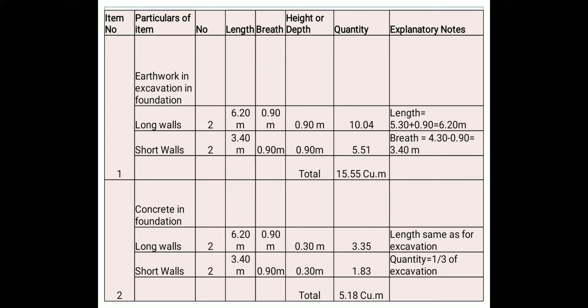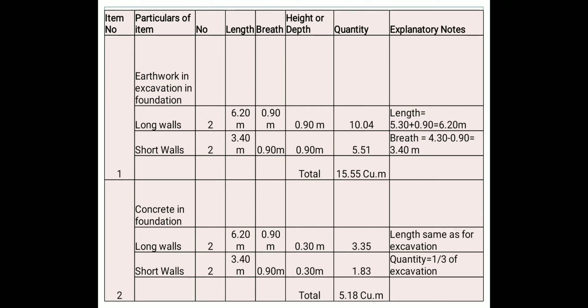In a similar way, the short walls length is also calculated, and for the short walls it is 2, 3.40, 0.90 is the breadth, and height or depth is 0.90. The quantity is 5.51 and the total quantity is 15.55.